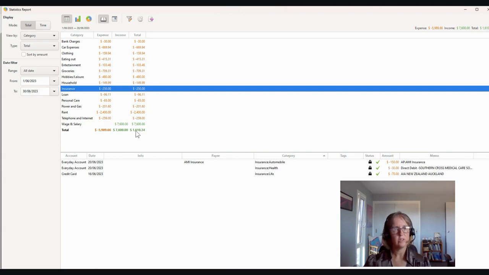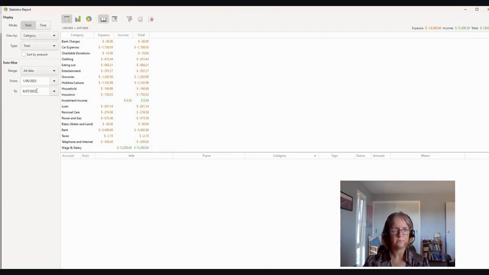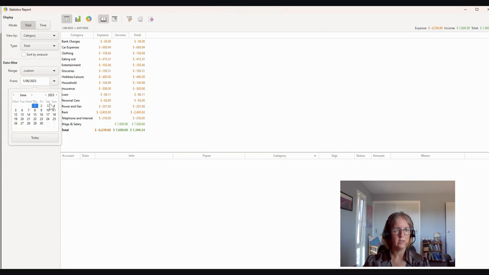So you can see that Abby and Sam might have been able to have saved $1,600 if it wasn't for the fact that they had that bigger expense. Now, if you want to reset everything, you just reset. Reset will reset your dates as well, so just keep that in mind. You'll have to go back and put your dates back in, and then put in your totals again, and you can go back to where you were.